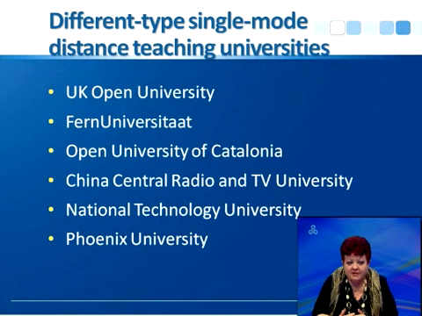The China Central Radio and TV University, which this year decided to change its name and is right now entitled China's Open University, again is a single-mode distance teaching university, which teaches over 1.6 million students, and the model is very different from the other three that we have just mentioned. The lectures are provided to the students through radio and TV. After the lectures are given, they are recorded.